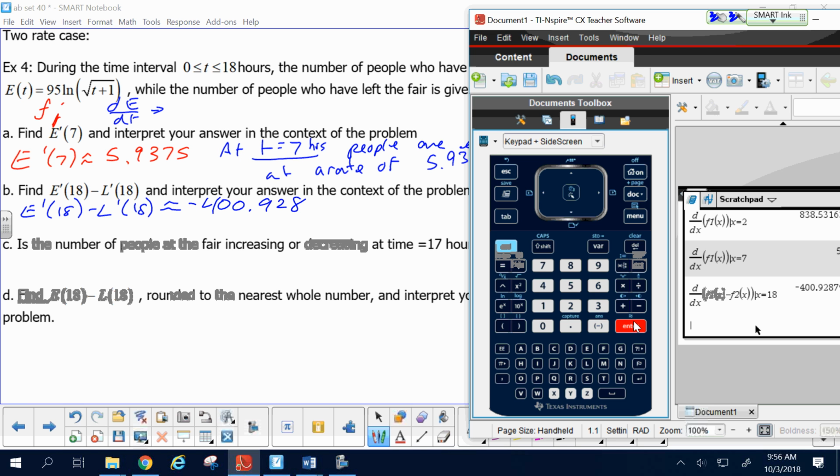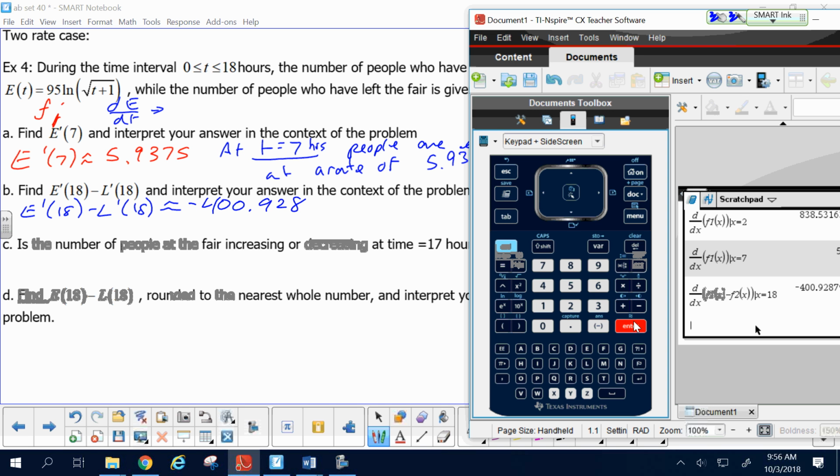L prime is the rate at which people leave. And so the difference between the two is what? If I take the enter rate, take away the leave rate, isn't that really the net change, right? I like net, but we'll probably call it the overall rate of change.